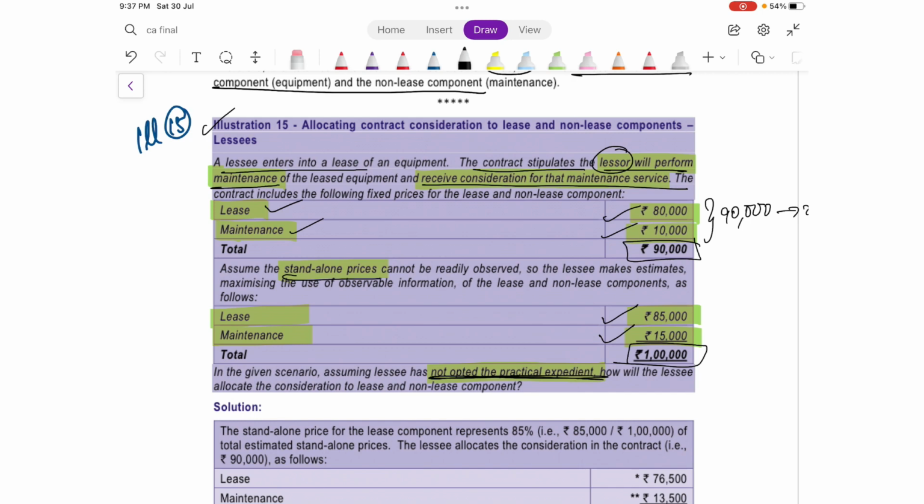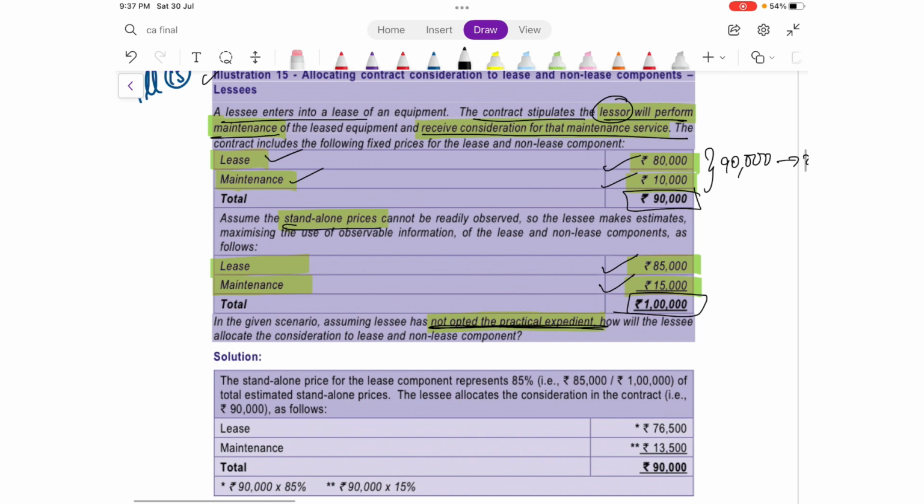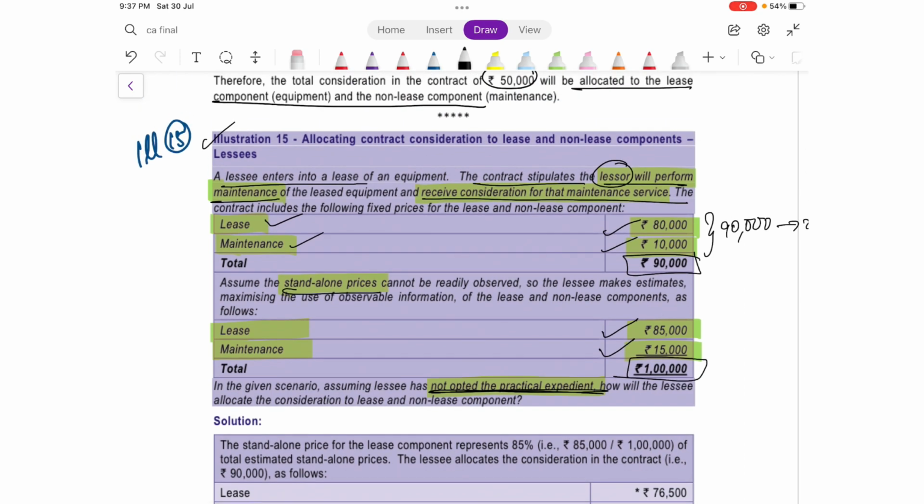So here they have said they have not opted for the practical expedient. That means they have not opted for the exemption where you can account for the lease and non-lease component together. You have to account separately only. So here, how are you going to account for it? I already told you, you should never take the actual values directly and account for it. Rather, you should take the total of lease and non-lease component, that is 90,000, and split it in the ratio of their standalone prices.